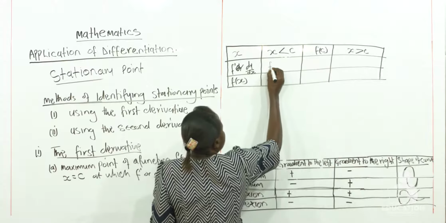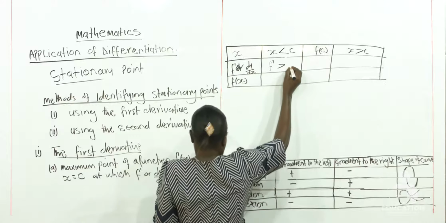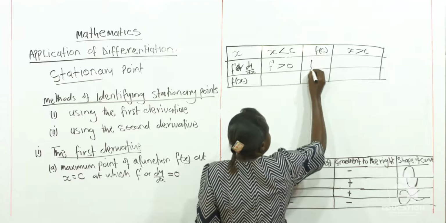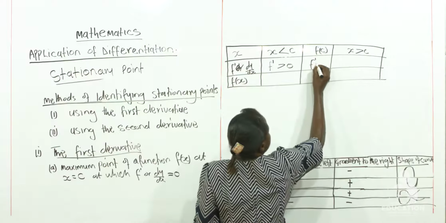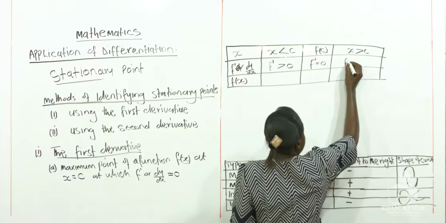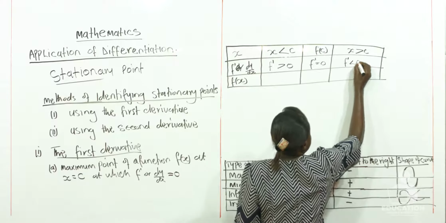So the gradient here will be greater than 0, here equals 0, and here less than 0.